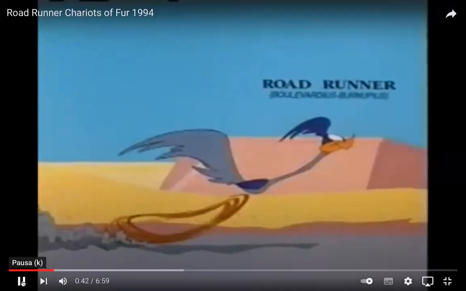The red runner is running and then a pause, okay? A picture, a photograph of the Road Runner running. That photograph is an instantaneous velocity.